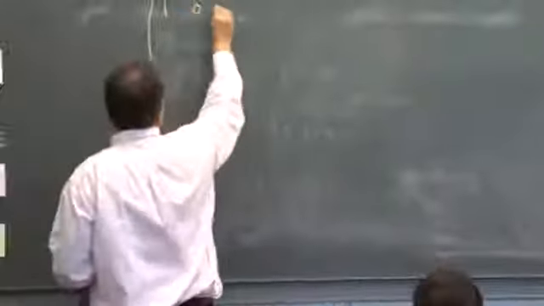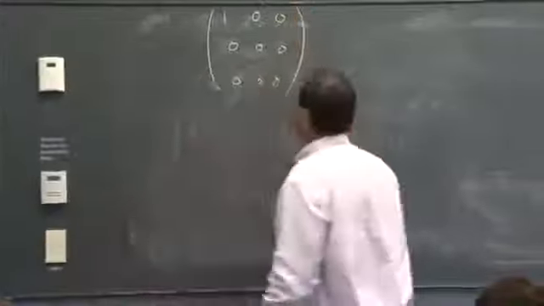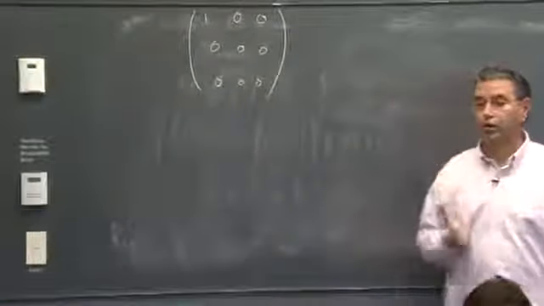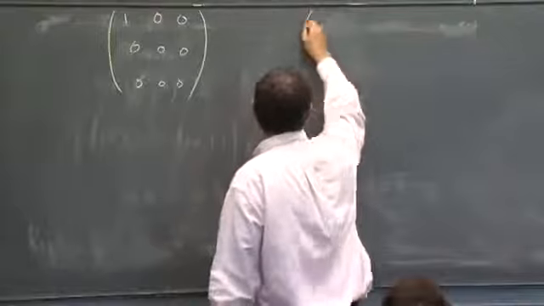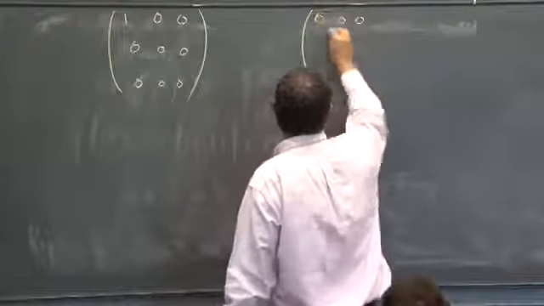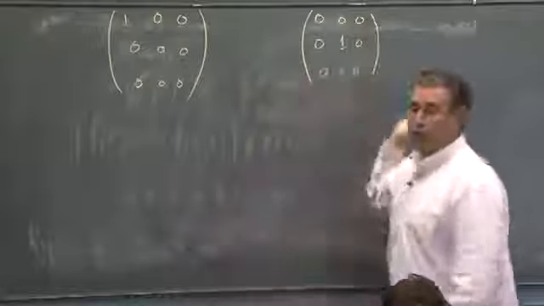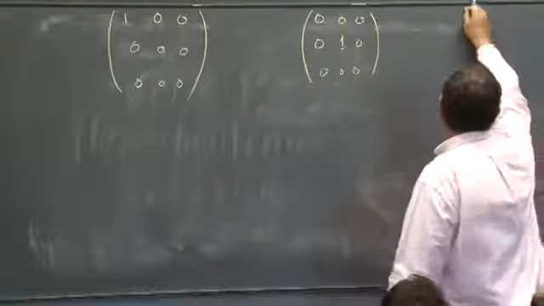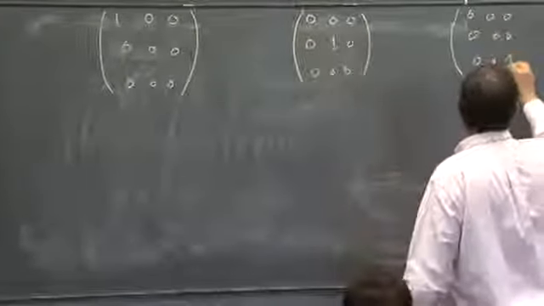At a certain instant, I have 1, 0, 0, 0, 0, 0, 0, 0, 0. So what's the rank of this matrix? 1. Suppose at some other instant, I have 0, 0, 0, 0, 1, 0, 0, 0, 0. Still a matrix of rank 1. And at some other instant, I have 0, 0, 0, 0, 0, 0, 0, 0, 1.